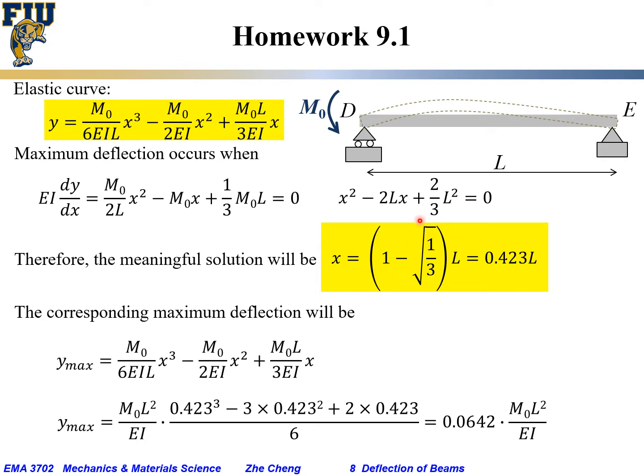The meaningful one would be the positive one, if you remember from your algebra, it will be 1 minus square root of 1 over 3 L, and if you plug the number in, it's roughly 0.423L. The location from the left side D would be roughly 0.423L, a little bit to the left of the center. Okay.